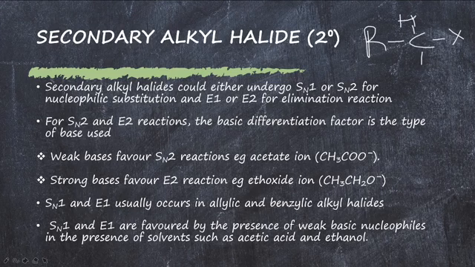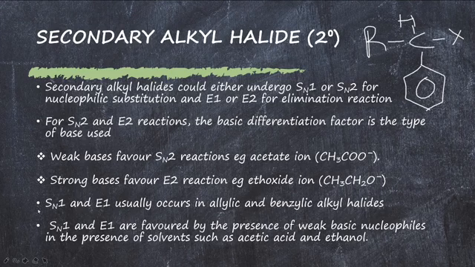Now this alkyl group could end up becoming a benzylic group, that's a phenyl, or it could become an allylic group. We all know what an allylic group is: the resonance structure of a propyl. That is where SN1 and E1 reactions mostly predominate. Otherwise, SN2 and E2 predominate.